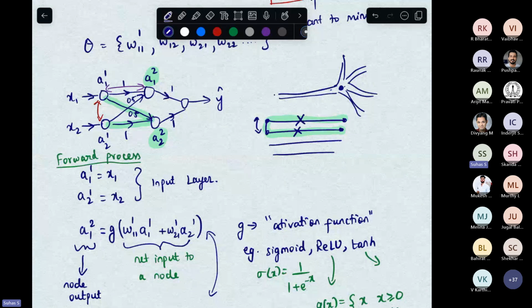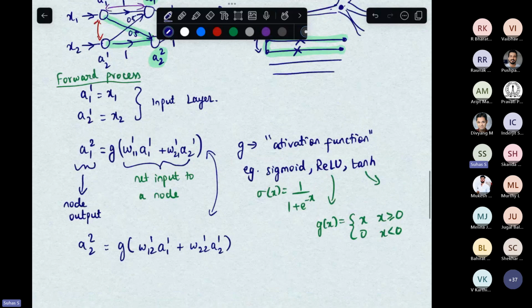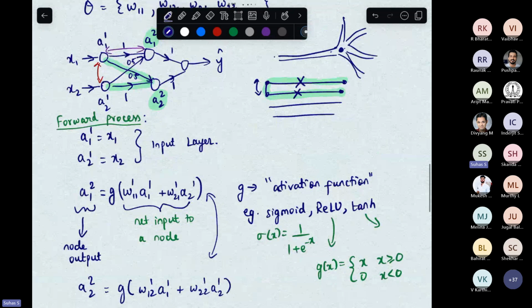You can have A12, A13, A14, and then you can have y hat and things like that. So those are deeper neural networks, and that's where the term deep learning stems from. When you have more than 3 or 4 layers, you typically go into the realm of deep learning.